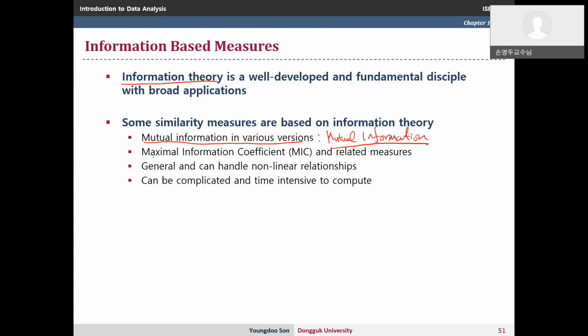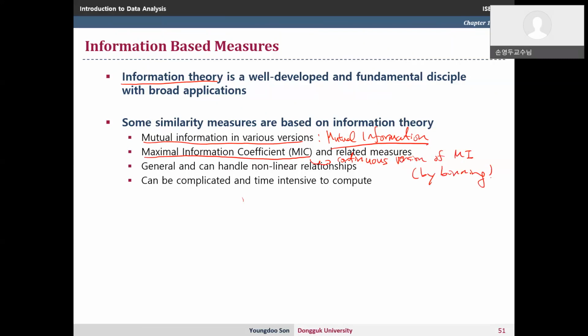We will also see the maximal information coefficient, which is actually a continuous version of mutual information by binning.